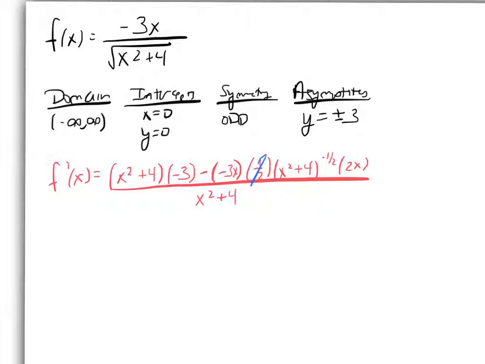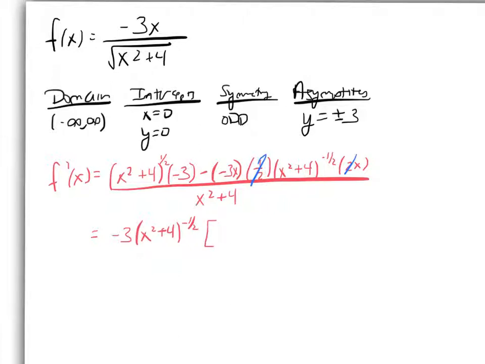Now this will cancel here, and I'm going to factor out a negative 3 and an x squared plus 4 to the negative 1/2. And it looks like I missed an exponent here. This should be to the 1/2.